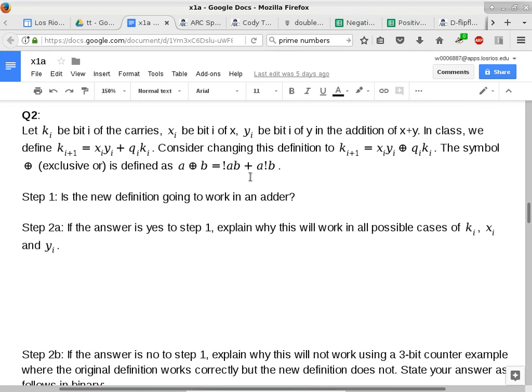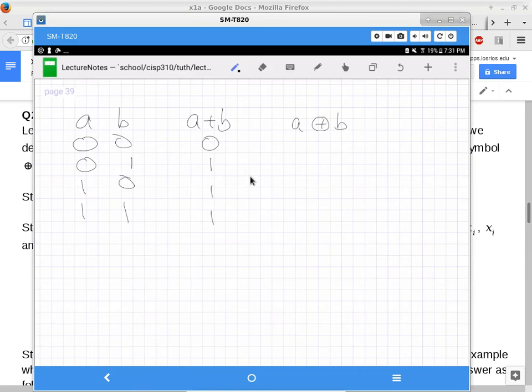If you apply that, it becomes 0, 1, 1, 0. So we have one row that is different. The last row is saying, if both of the expressions to the left and to the right of the operator are 1s, then OR is not the same as exclusive OR.